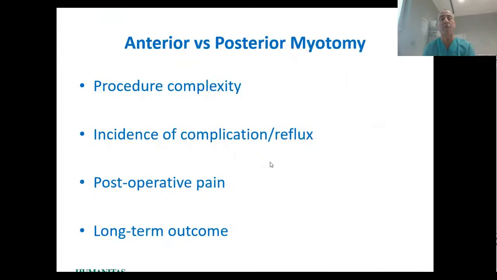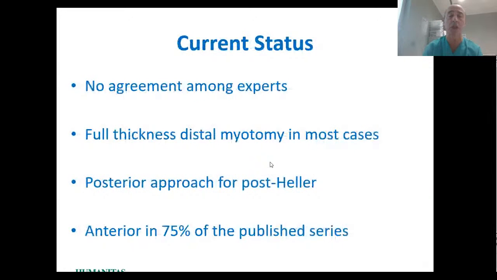There have been a couple of prospective trials and a meta-analysis published on that, looking at procedure complexity, incidence of complications, anterior versus posterior, reflux, postoperative pain, and long-term outcome. All of them are equal. Whatever you choose, anterior or posterior, the results will be very similar, with the exception of postoperative pain. We know that pain is a little bit reduced in the posterior myotomy.